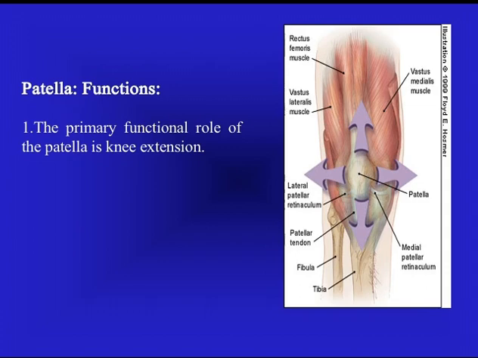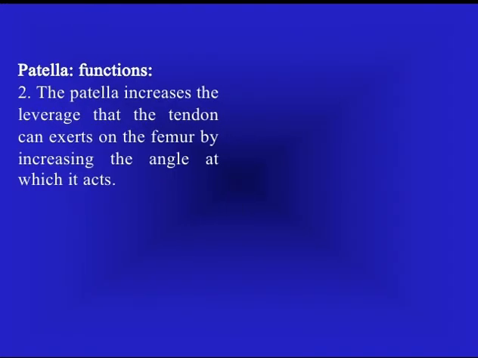Regarding the function of the patella, it plays a role in knee extension. The patella also increases the leverage that the tendon can exert on the femur by increasing the angle at which it acts.